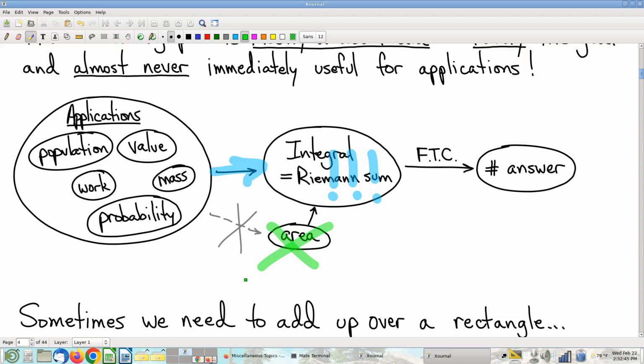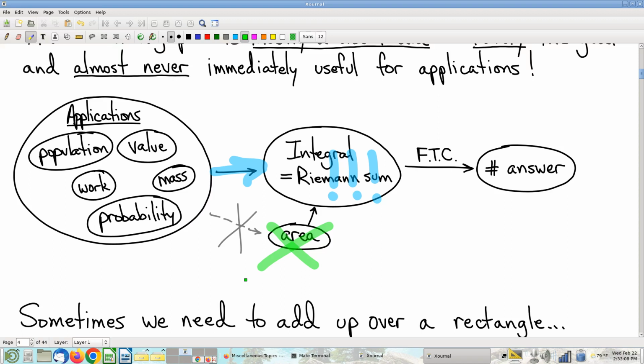If you're computing a probability, given a probability density function, if you've done any calculus-based statistics, whatever, if you're computing work or mass or economic value, whatever, you've got to have a Riemann sum to make any sense out of it. And area, you don't need it at all.